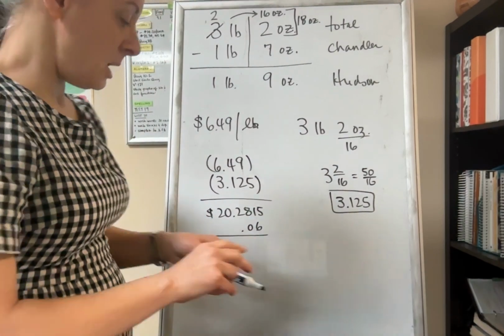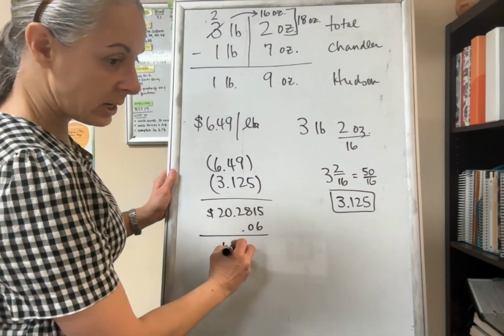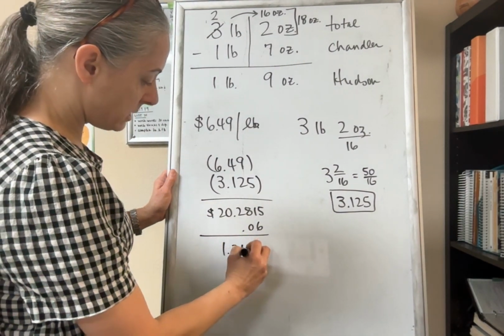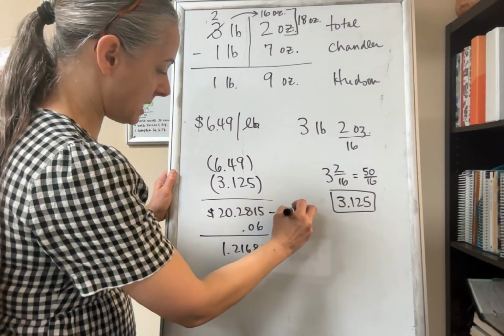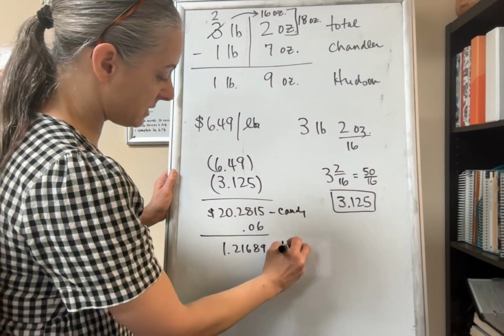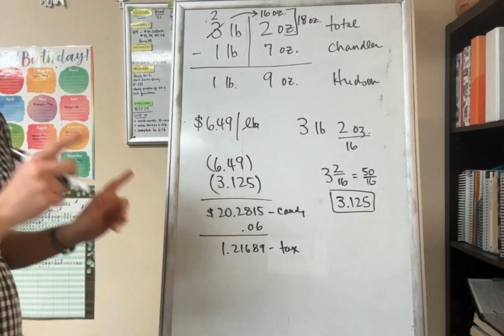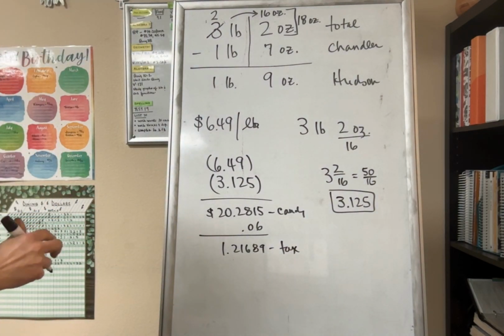That's going to give me 1.21689. So this is how much the candy is costing. This is the tax. Remember, I need to add those together for the total cost.